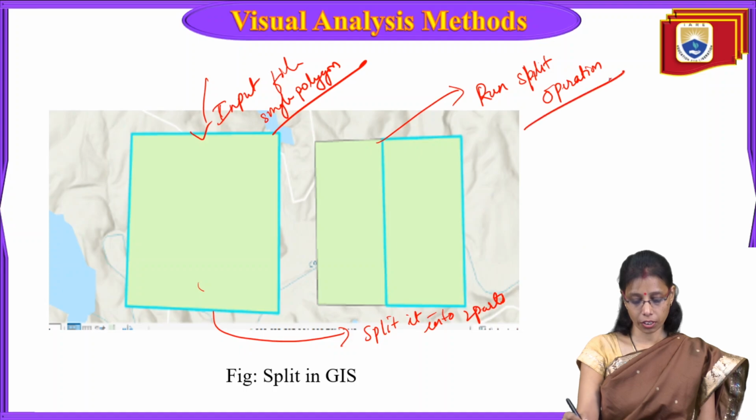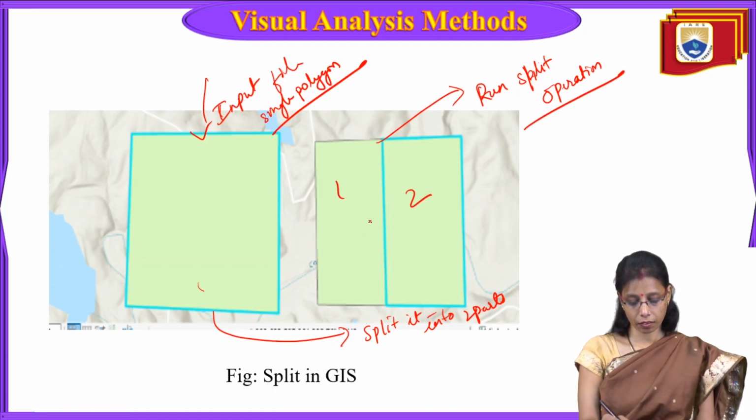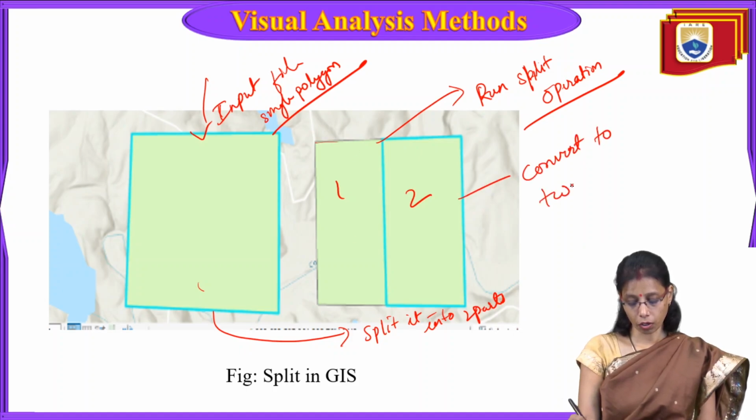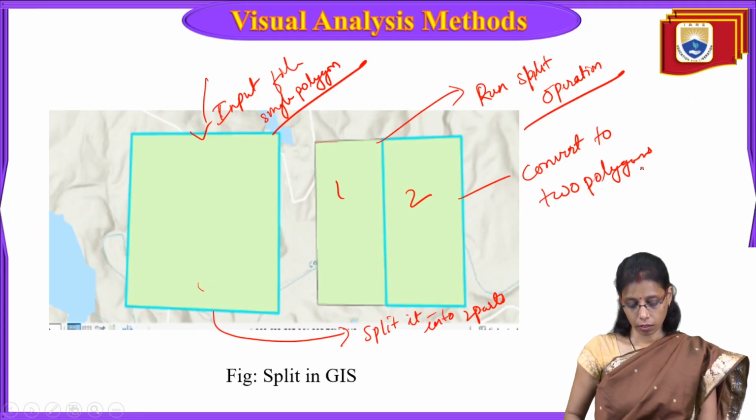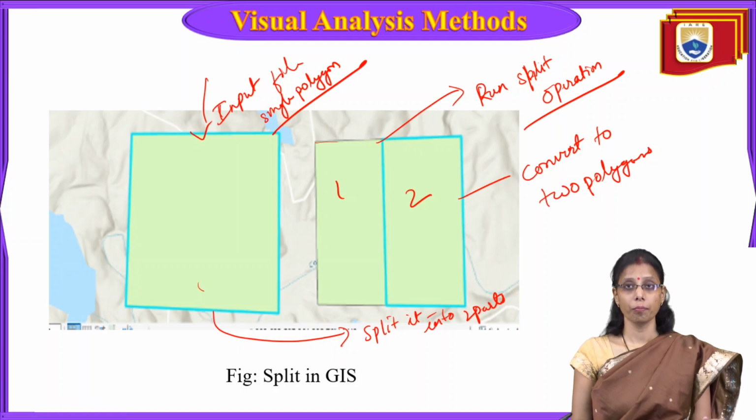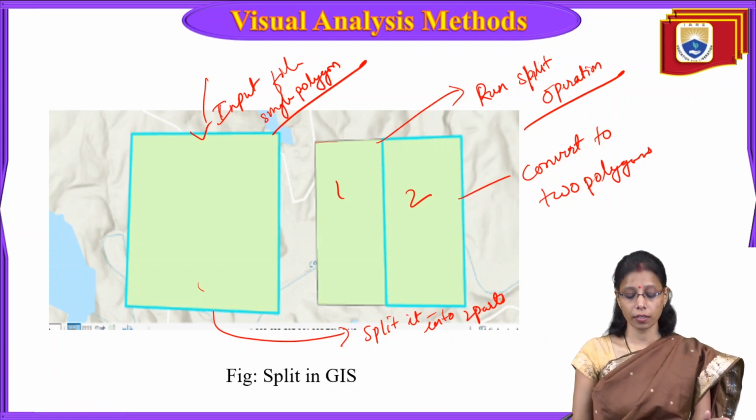Okay, run the split operation. So what will happen? It will convert to polygon 1 and 2. So this is the selected one. Once you select this, it will be converted to 2 polygons. Okay. So these are all the feature manipulations we can do in GIS.